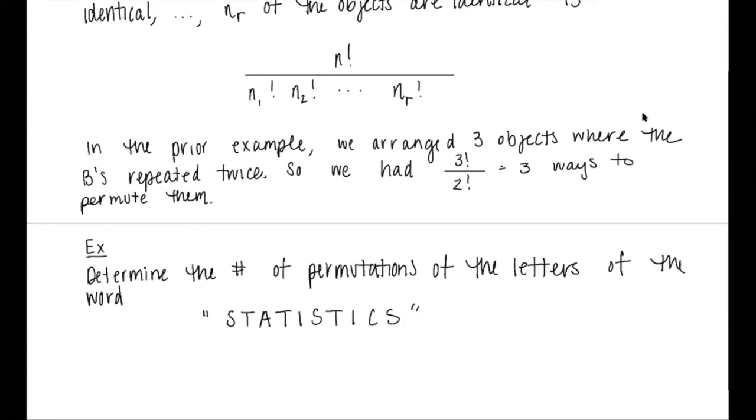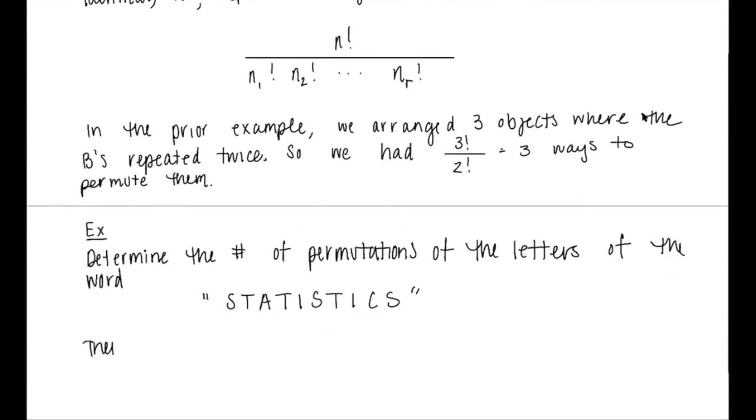These S's are not able to be identified one from the other. If I swap these two S's, it gives me exactly the same thing. So I have a bunch of different repetitions that end up happening. In total, we have 1, 2, 3, 4, 5, 6, 7, 8, 9, 10 letters. So there are 10 letters.